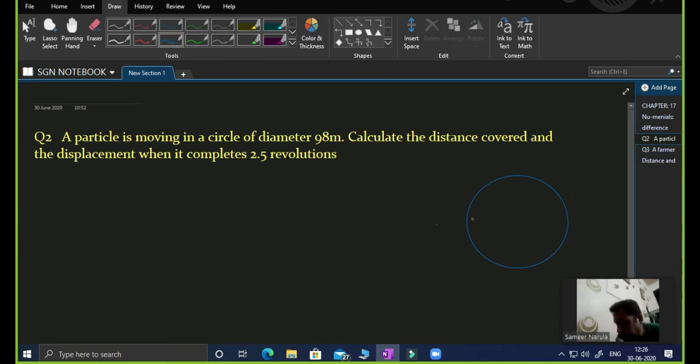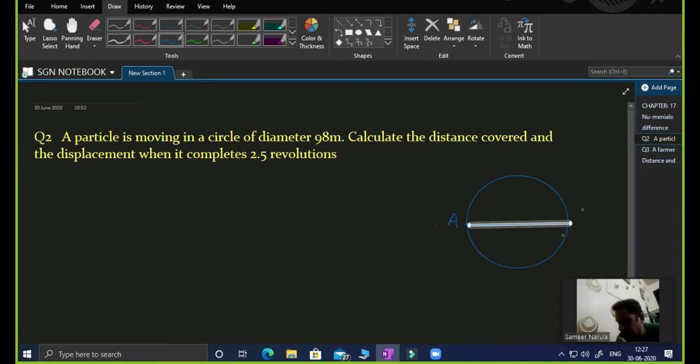Because the particle has to move around the circle, I arbitrarily take any point on it. For example, I take this one. This is the point A. This is my initial position. Now the diameter that we have to take, this is the diameter that we have with us.